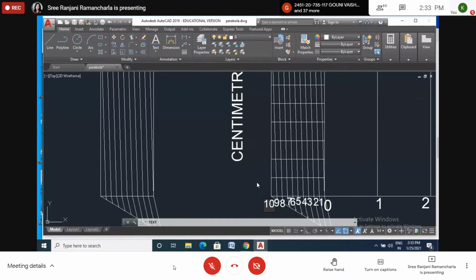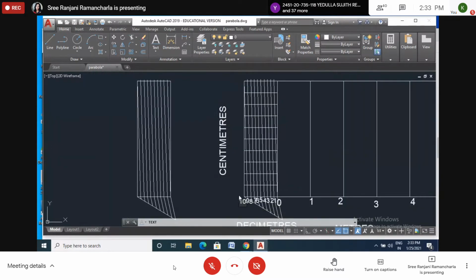Is it clear, all of you? So what are these, 1, 2, 3 to 10? What are these? Decimeters.